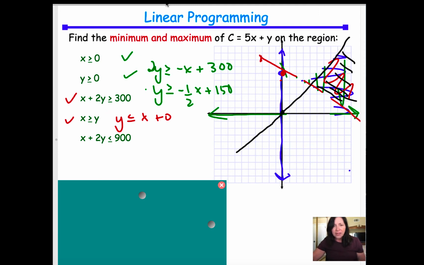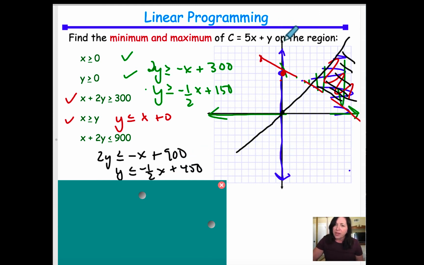And then lastly, I am going to solve for y on this problem. So 2y is less than or equal to negative x plus 900. Divide by 2, I get y is less than or equal to negative 1/2 x plus 450. Way up there. Now, this is way up here at 450. Remember, this was 150. These do have the same slopes, though.